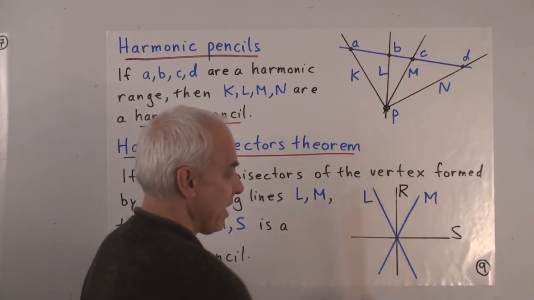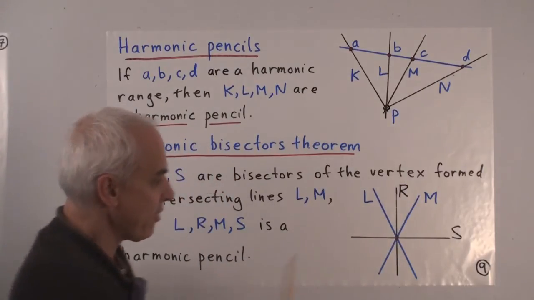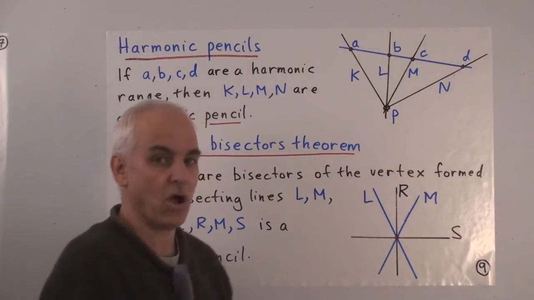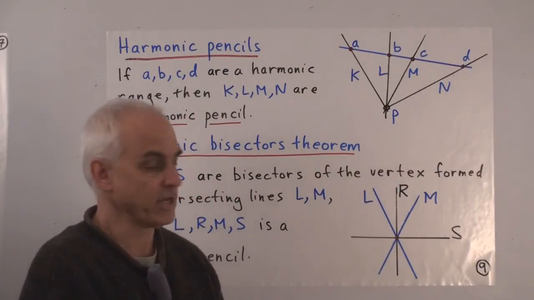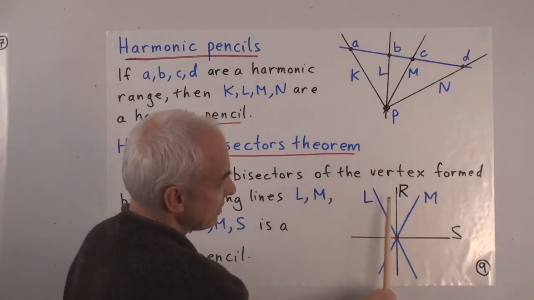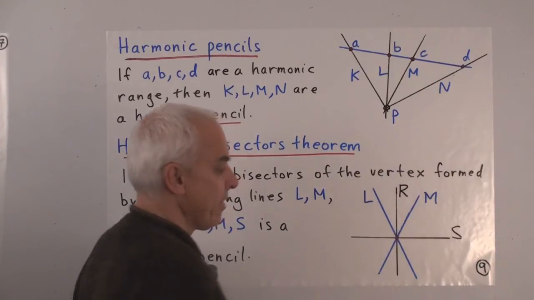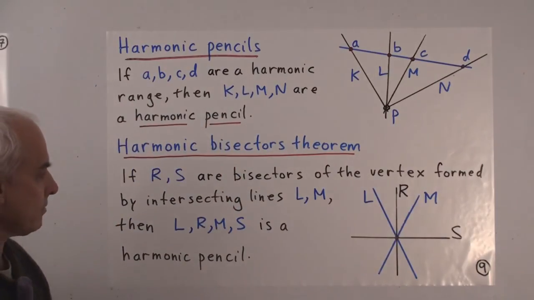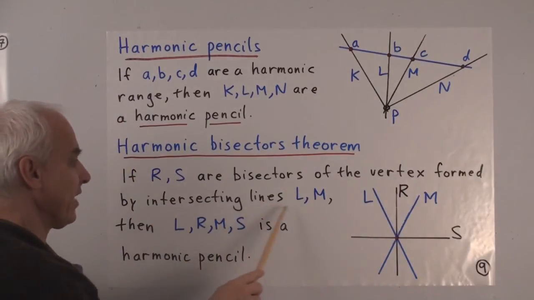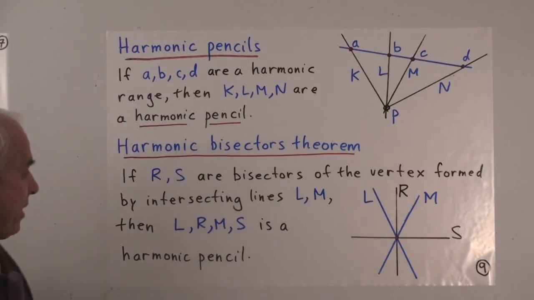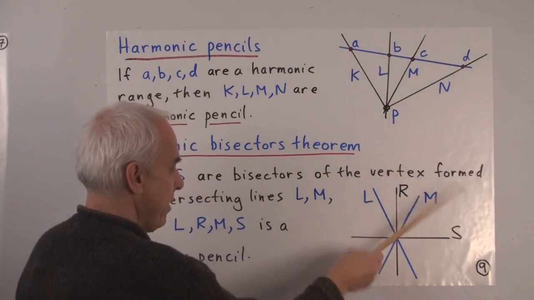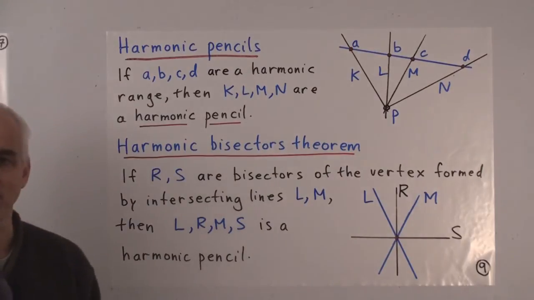You'd call this a vertex bisector. And there are always two such. There's that one there, and the perpendicular line is also a vertex bisector. So there are always two lines that bisect any given pair of lines. So if R and S are the bisectors of the vertex formed by the intersecting lines L and M, then L, R, M, and S is a harmonic pencil.